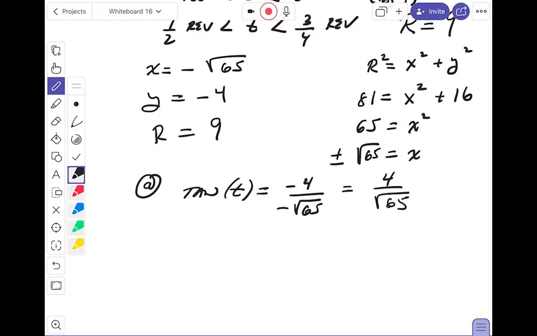We'll check it later, okay? Let's put b down. What's b going to be? Cosine of t. And what's cosine of t? Let's take a look. It's going to be minus root 65, that's the x over the r, which is 9.